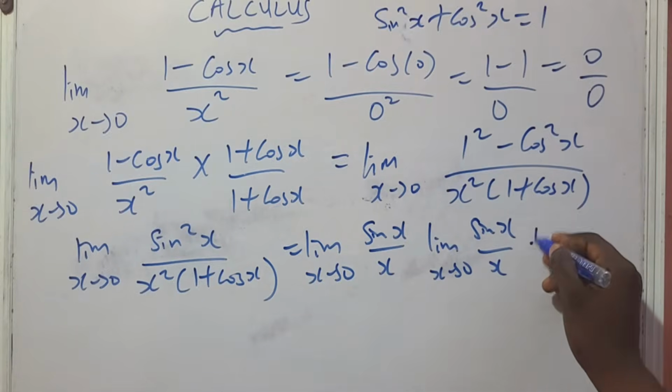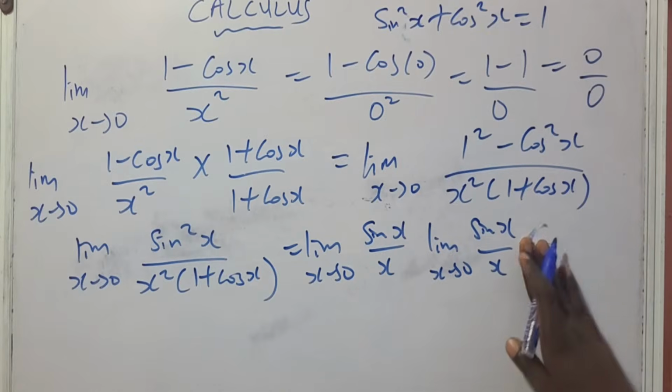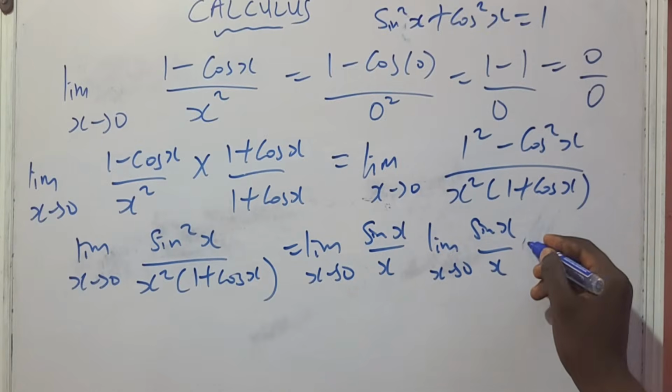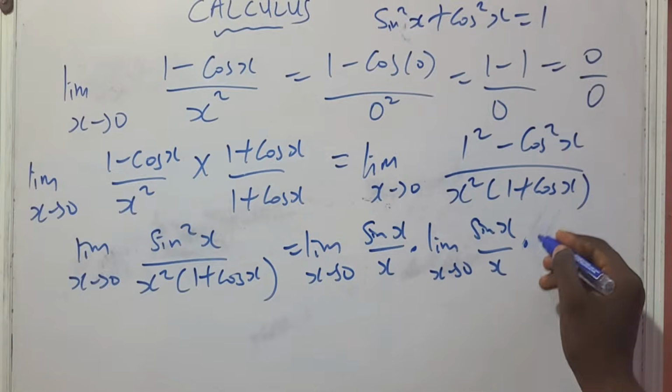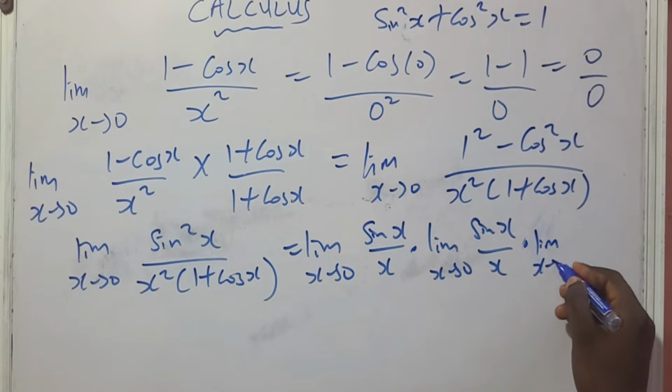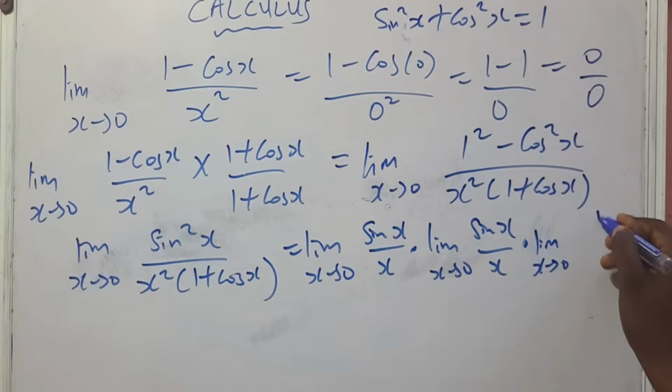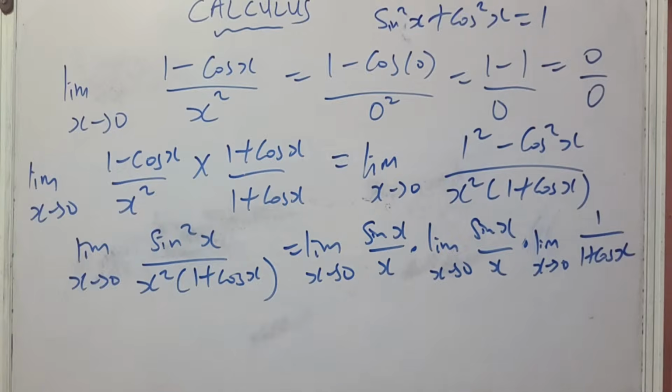This is one of the properties of limits, multiplied by, let me just put a dot to indicate multiplication, the limit as x tends to 0 of 1 over 1 plus cos x. Now look at what I just did. Limit permits you to do this. This is one of the properties of limits, that you can actually split your limit in this form.